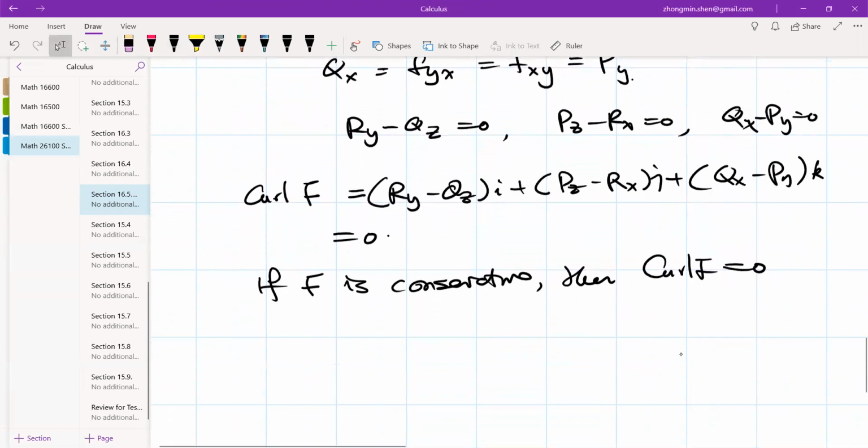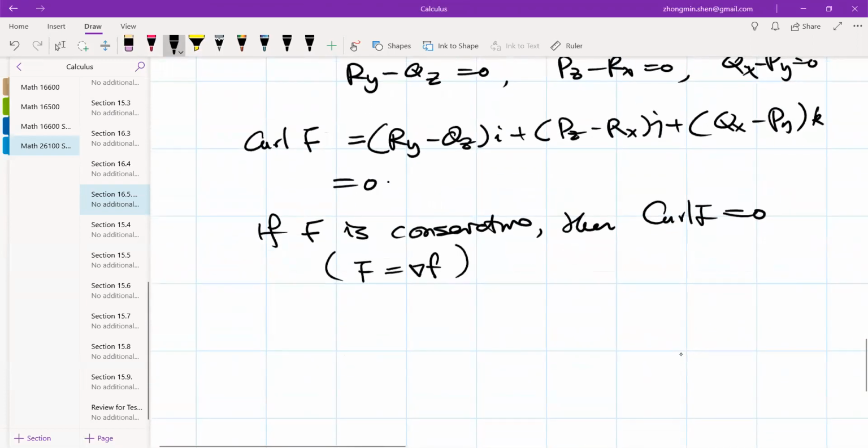Conservative means F is the gradient of some function, and then the curl of F is going to be 0. So if you have a vector field, this is just a necessary condition. Whether the converse is true: remember in the 2-dimension case, we talked about that.